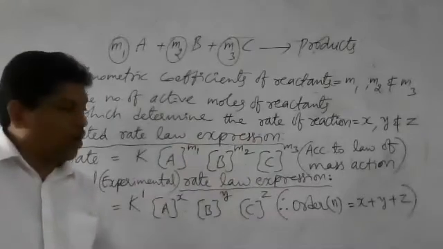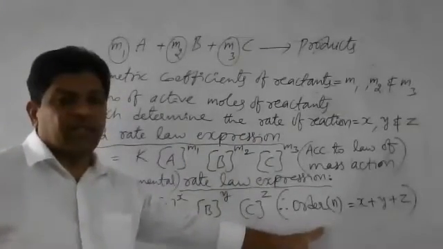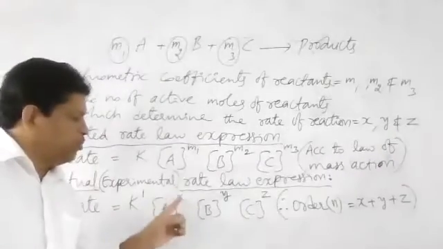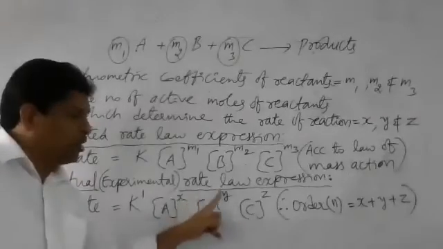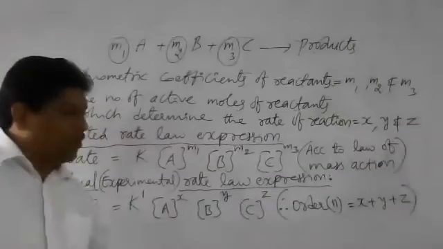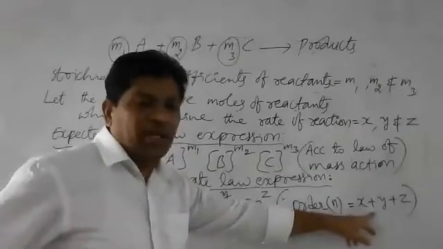Is that clear now? So the order of reaction, that is small n value, can be obtained from the powers of the concentration of reactants. Is it the sum or the product we have taken?